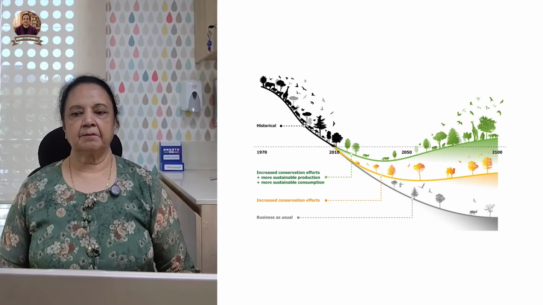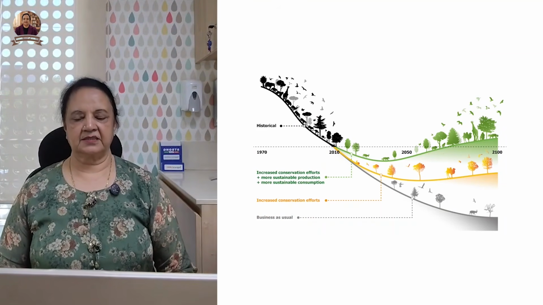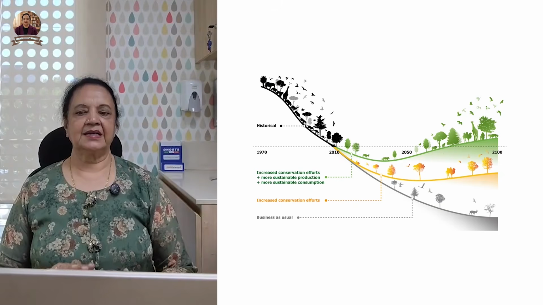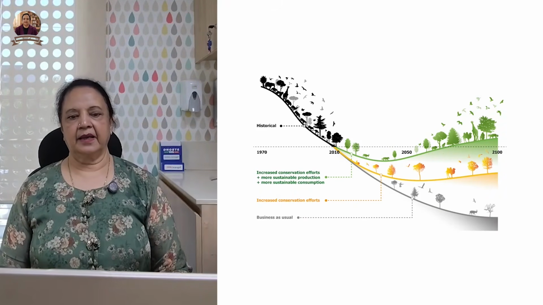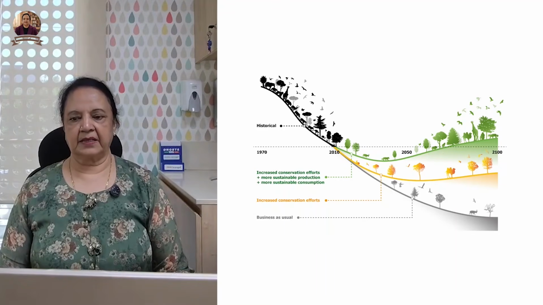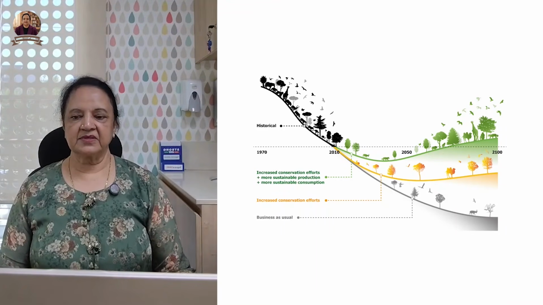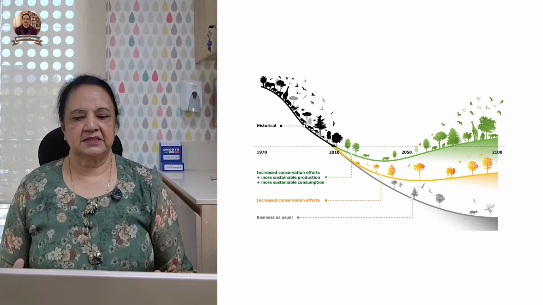Chapter 13, Biodiversity and Conservation. Question 1. List 3 causes of biodiversity loss. Explain habitat loss or fragmentation. Biodiversity loss is a major concern.